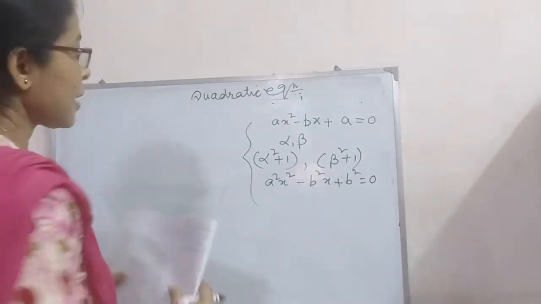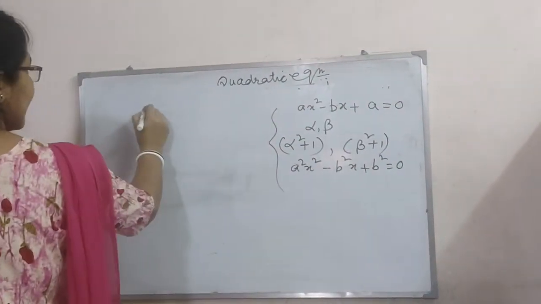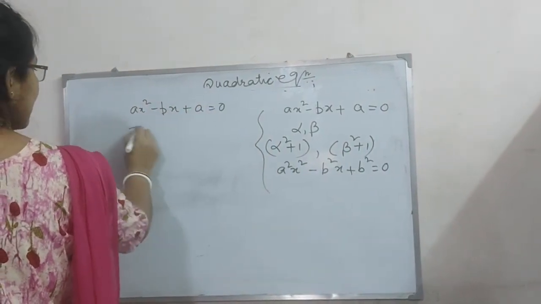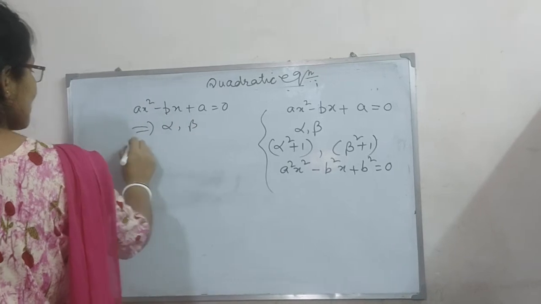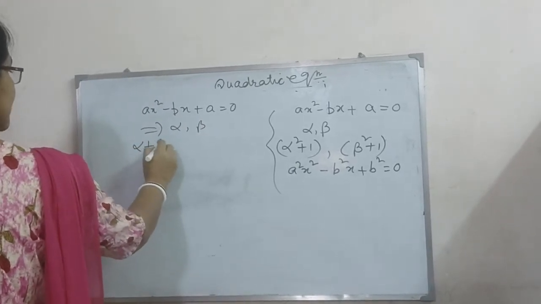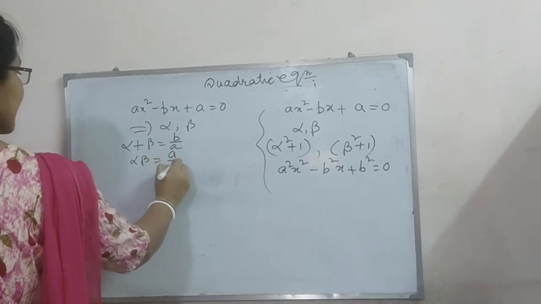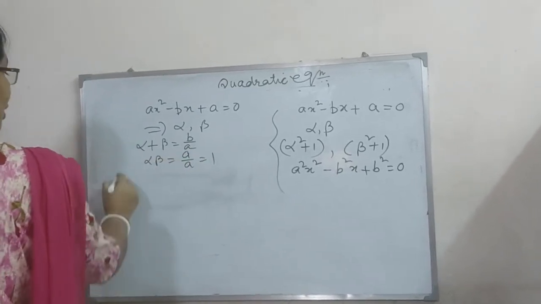From the first one, ax square minus bx plus a equal to 0, roots are alpha, beta, so I can write alpha plus beta equal to b by a and alpha beta equal to a by a, that is equal to 1.